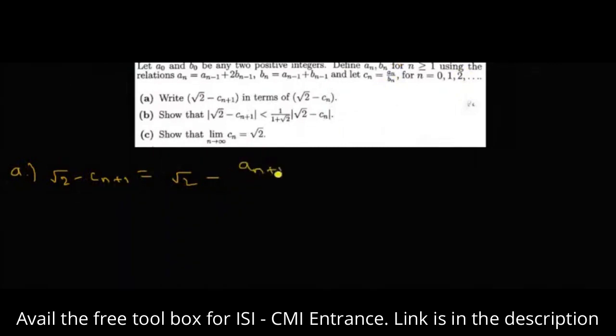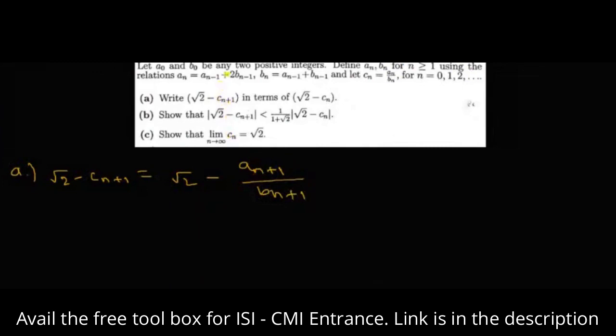Root 2 minus c_(n+1) is equal to root 2 minus a_(n+1) by b_(n+1), right? Because it holds for all n. And what will be a_(n+1)?